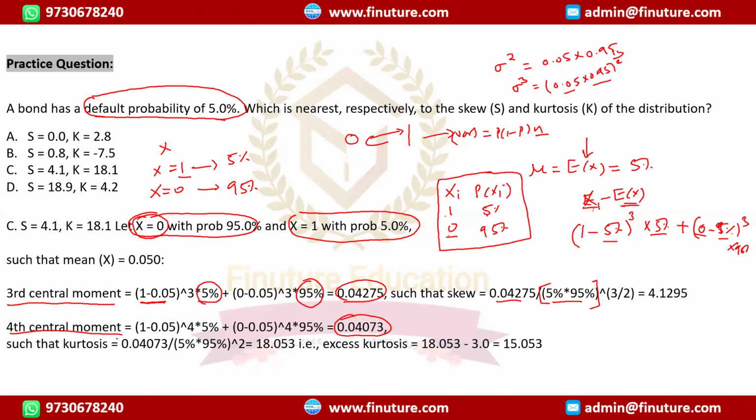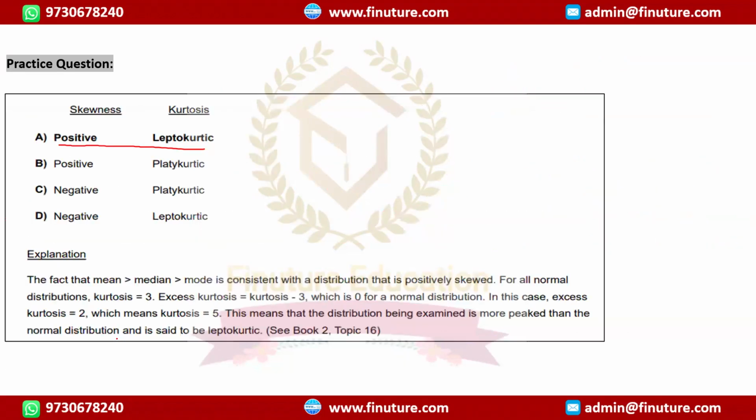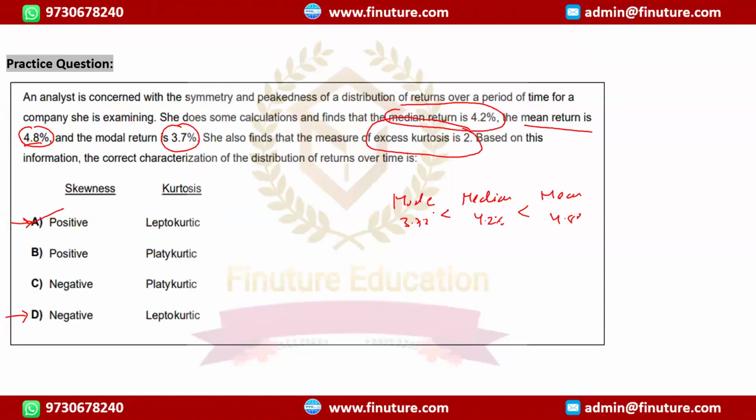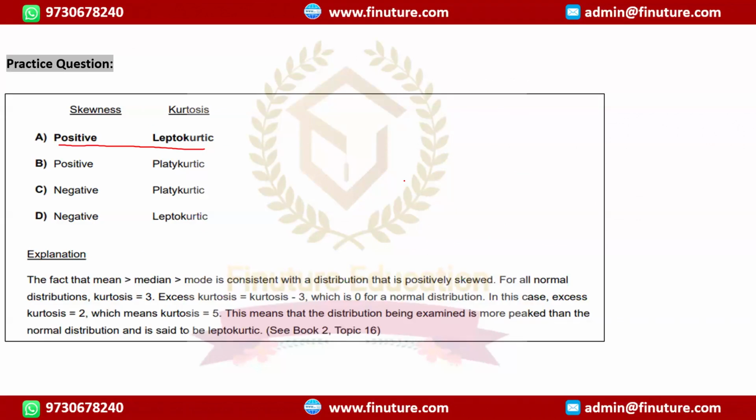The more important point from the kurtosis and skewness point of view is the relationship: leptokurtic has a higher peak and fatter tails, while platykurtic has thinner tails and a lower peak. Those are important points.